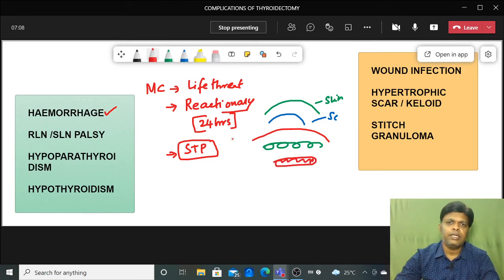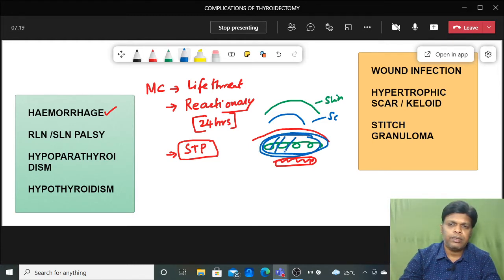Just imagine that if you get any bleeding in this location, it will be enclosed in this layer. This hemorrhage will happen, but it cannot pass beyond the deep cervical fascia, so it will be enclosed and cannot expand beyond that plane. The most important and immediate posterior structure of the thyroid gland is the trachea. So immediately what will happen?